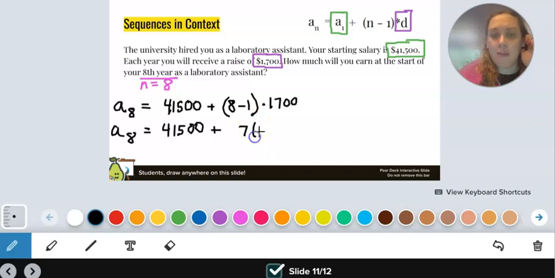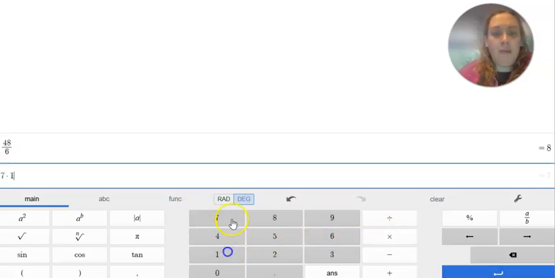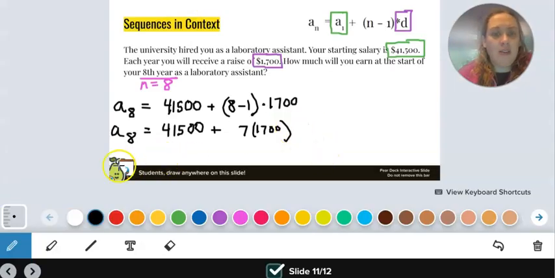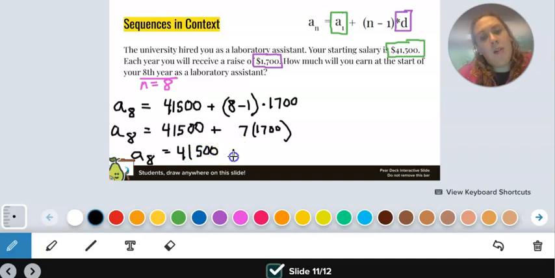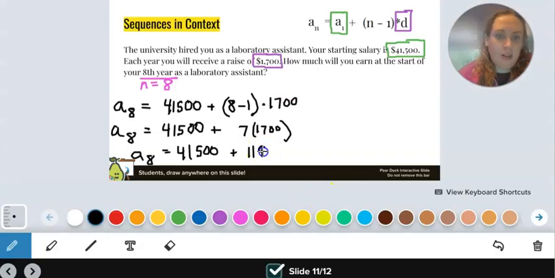And then we have to multiply that by 1,700. 7 times 1,700 is 11,900. So we have 41,500 plus 11,900.